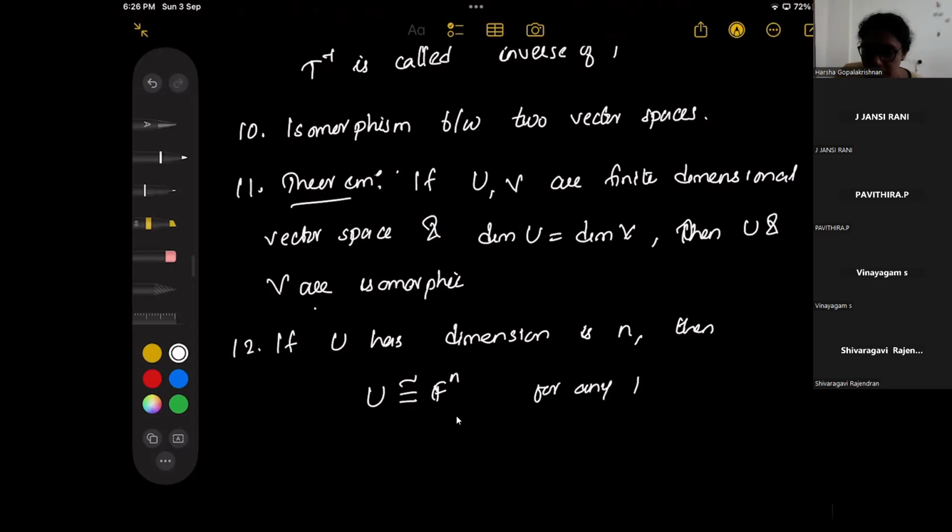Here, what is F^n? F is a field, so F^n is a vector space over F. For simplicity, instead of F we can take R. So U should be isomorphic to R^n. What is the dimension of R^n?